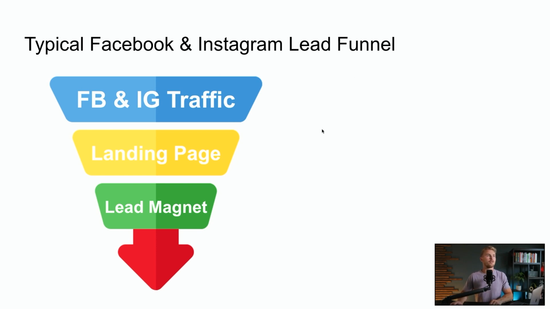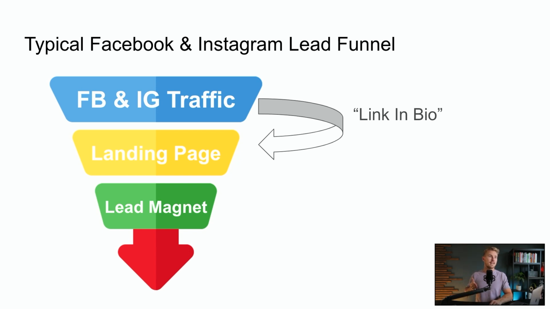So with this typical funnel, we've got your Facebook and Instagram traffic that's already seen your posts. And then what happens in the typical funnel is you tell people to click the link in bio. And what this requires them to do is click out of the post, visit your profile, click the link in your bio, and then go visit an external site.